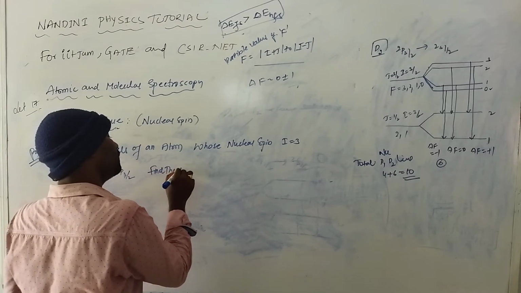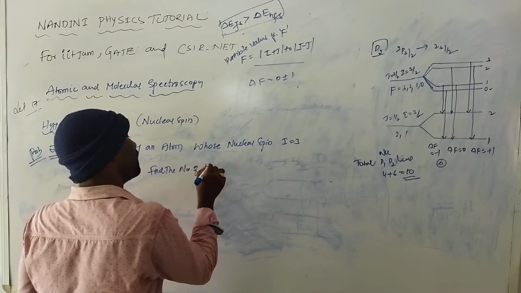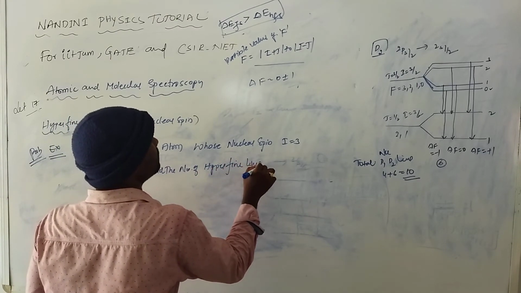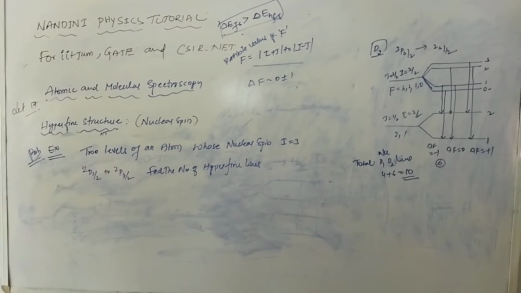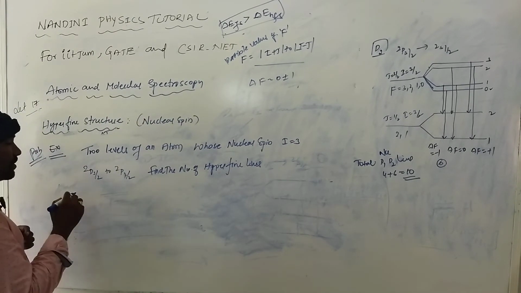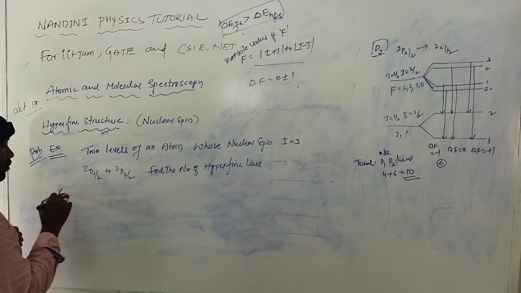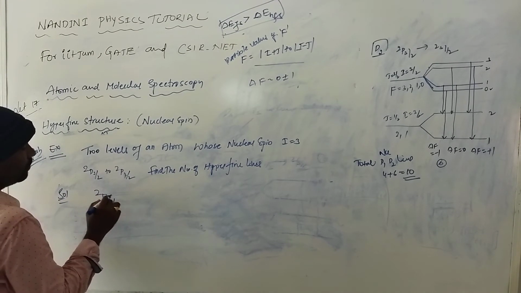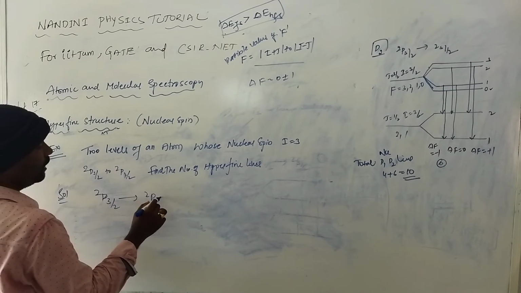Find the number of hyperfine lines. How will you find these hyperfine lines? First of all, this is a J value from the transition. They have given 2D 3/2 to 2P 3/2.